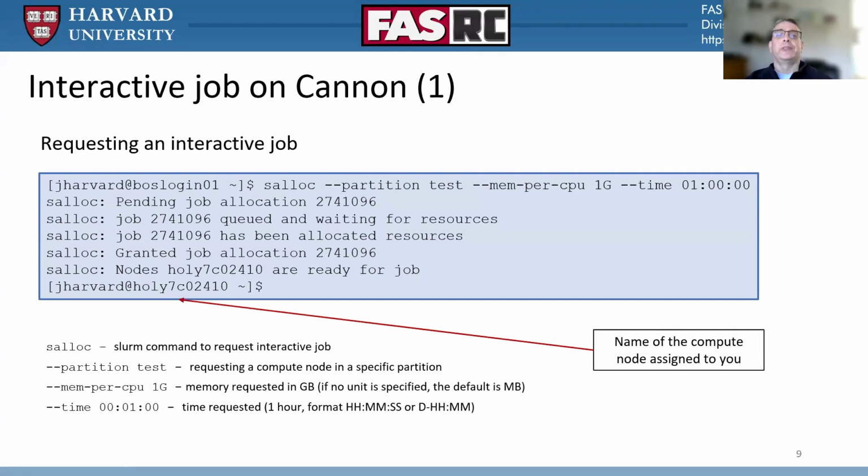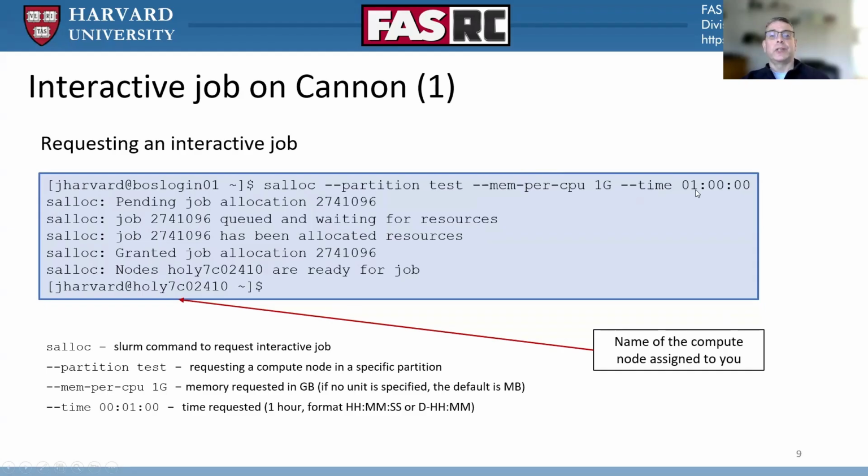So now we're ready to actually start running some jobs. And as I mentioned, you use the salloc command. When you're requesting a job, the most important things are what partition you need to use, how much memory, and how much time.